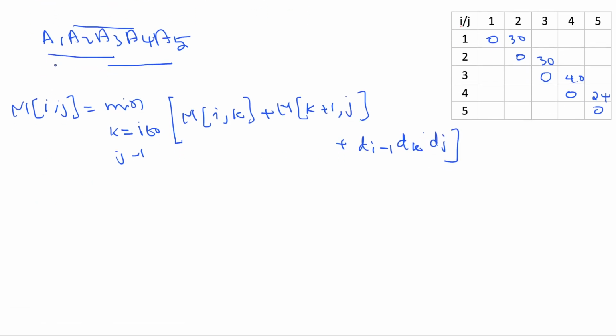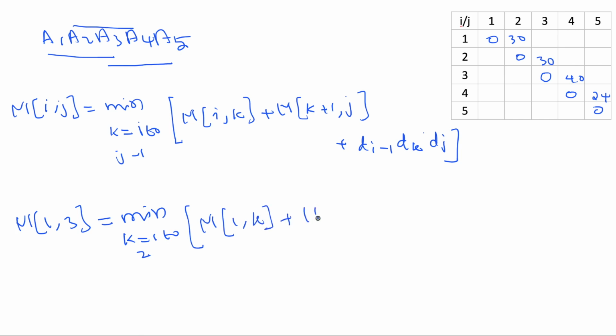So when you calculate the product a1 to a3, it will be m of 1,3. We will be calculating the minimum over k from 1 to 2 of m of 1,k plus m of k plus 1,3 plus d0 dk d3.